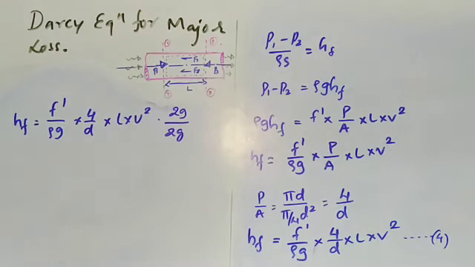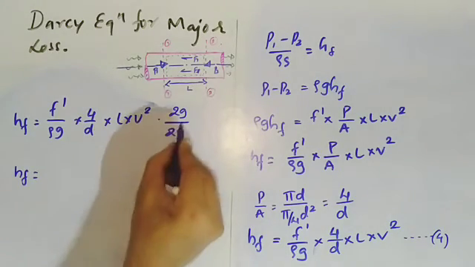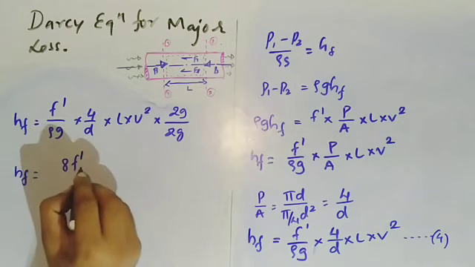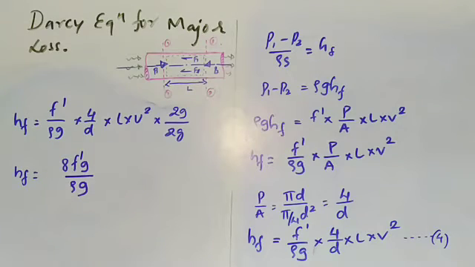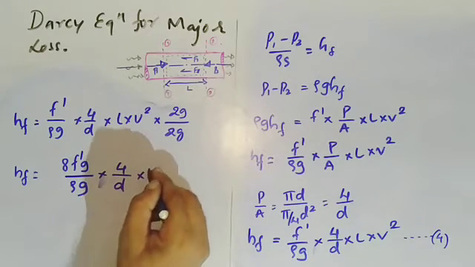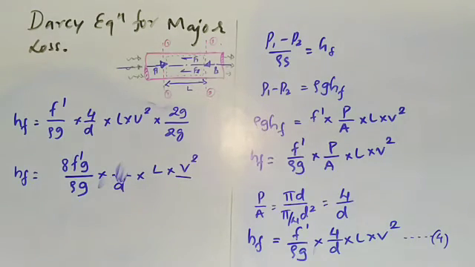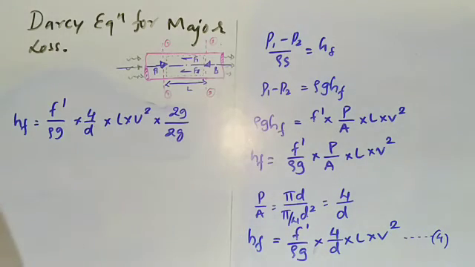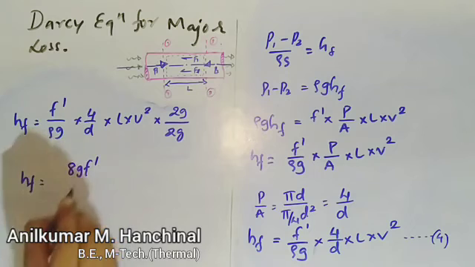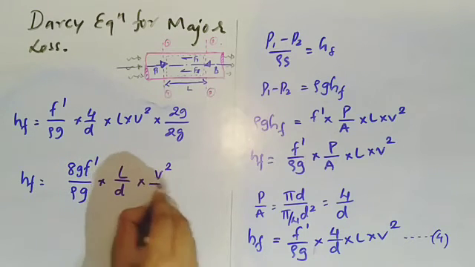If I divide and multiply this equation 4 by 2 into g, I will take the term 8 F dash g divided by rho g into L by D into V square by 2g.